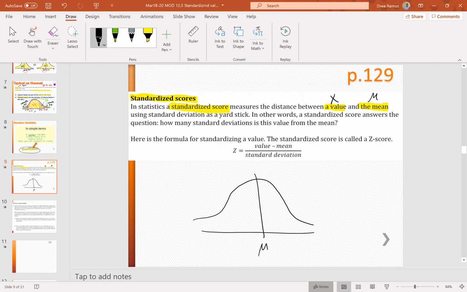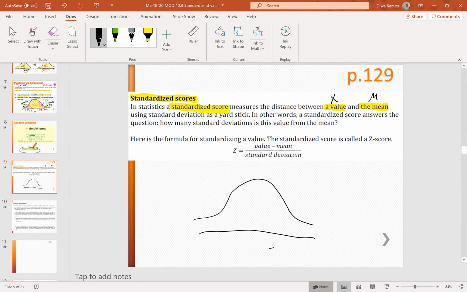Your x is a random variable, so it could be anywhere. It could be from the extreme end. It could be at the mean. It could be less than the mean. It could be more than the mean. If the mean is 10, an x could be 15. It could be 2. So because it's random, it could be anywhere on our normal distribution.